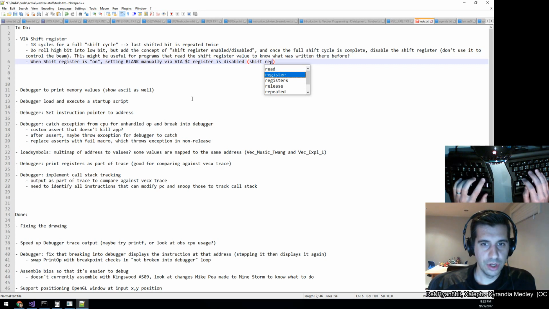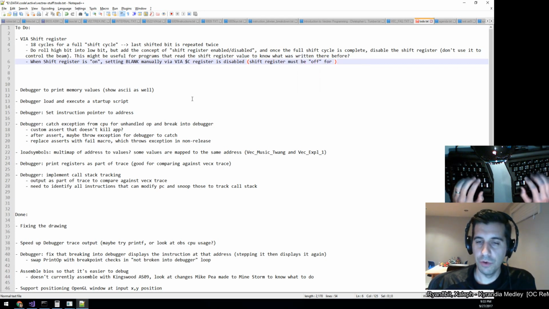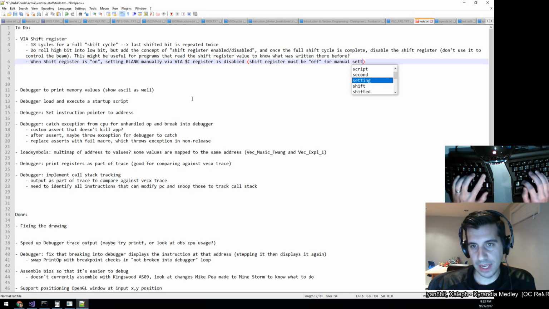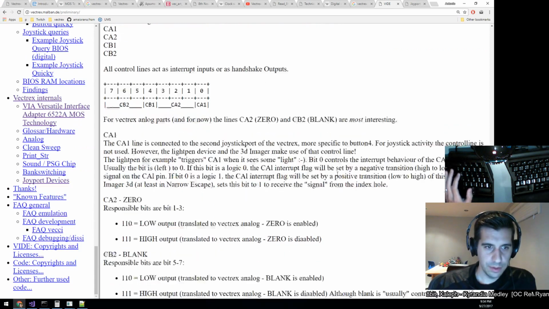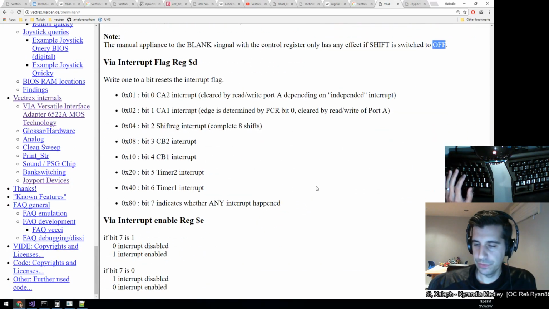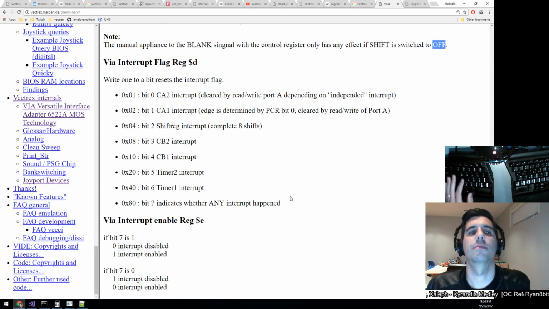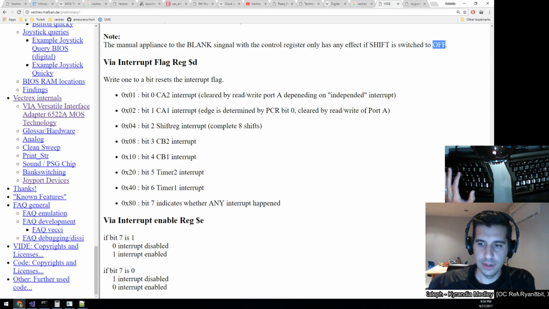Shift register must be off for manual setting of blank. Okay, good. This information is gold.